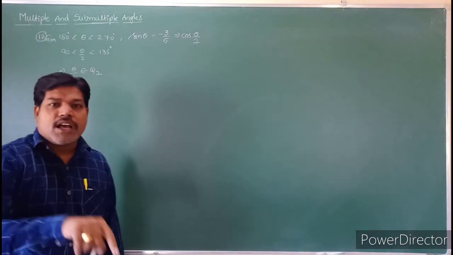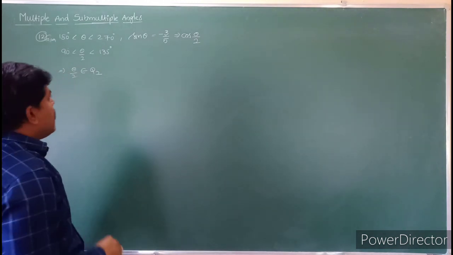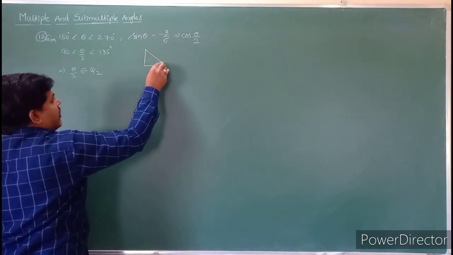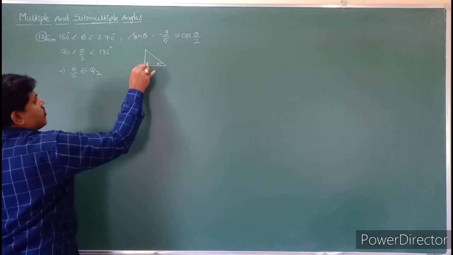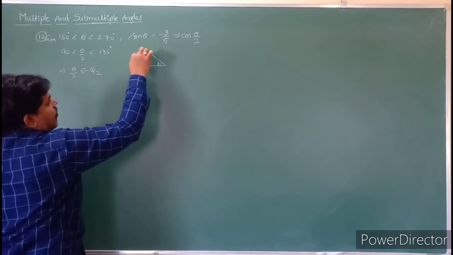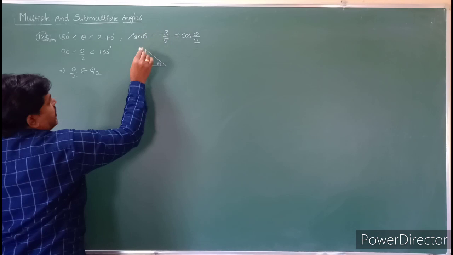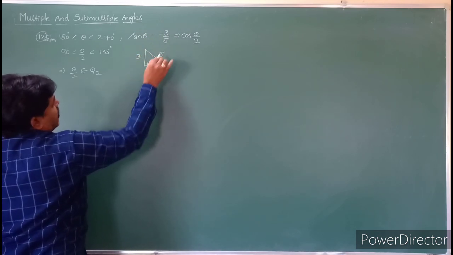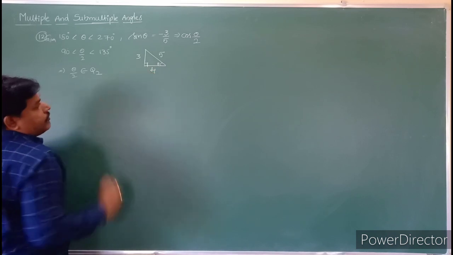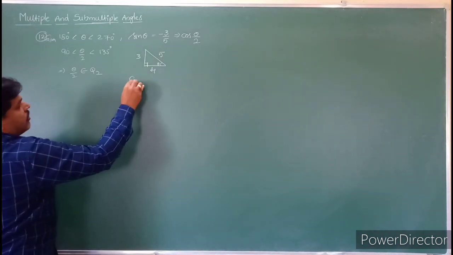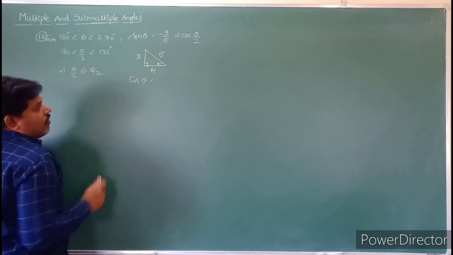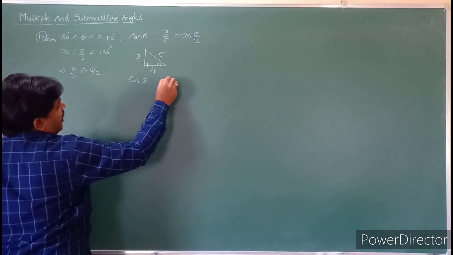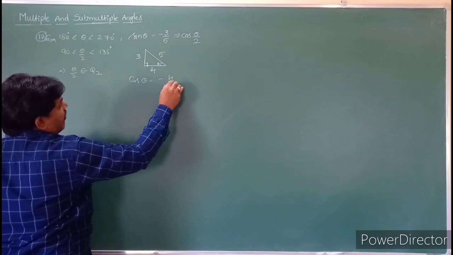Also, from the triangle, what is sine theta? Sine theta is opposite side by hypotenuse. The opposite side is 3 by 5, so automatically the adjacent side is 4. From this, cos theta is equal to minus 4 by 5.